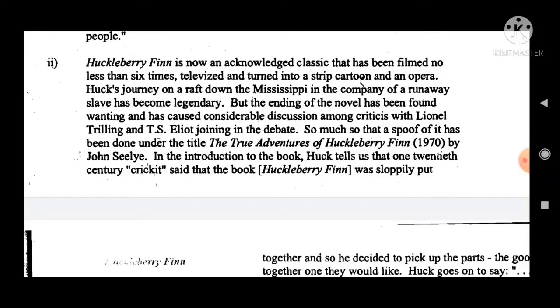But the ending of the novel has been found wanting and has caused considerable discussion among critics, with Lionel Trilling and T.S. Eliot joining in the debate. So much so that a proof of it has been done under the title The True Adventures of Huckleberry Finn, 1970, by John Seelye.